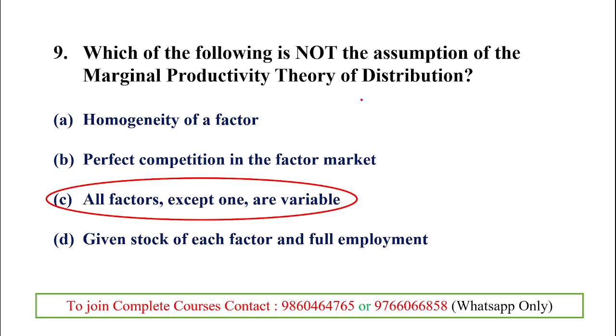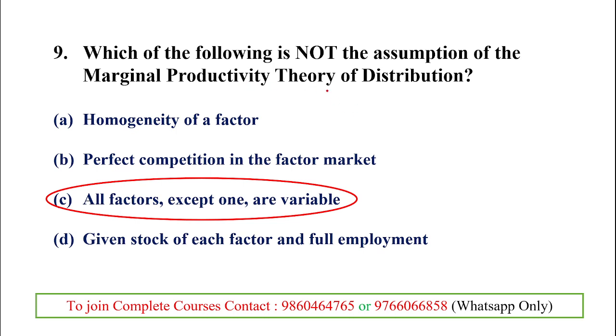Marginal productivity theory is a long run theory, where many things are variable. But the option given says all factors except one are variable, whereas in the long run many factors are variable.